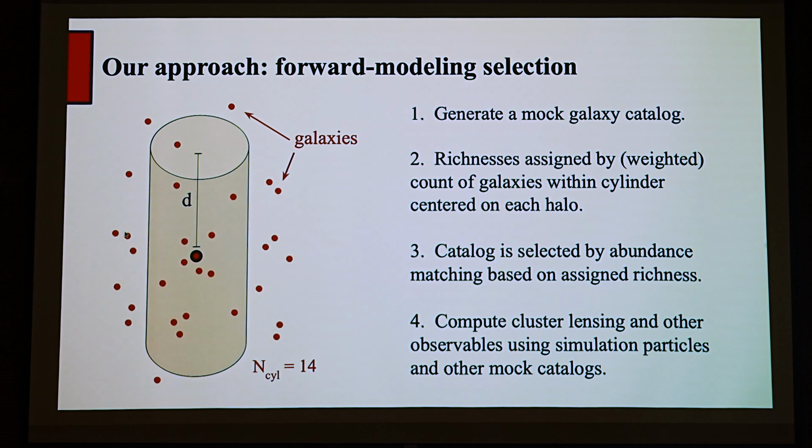So this is motivated by the fact that we know that optical cluster selection is finding overdensities of galaxies with photo-z's, and so you have some redshift kernel and some aperture at the location of each cluster. We then select based on abundance matching, which I will describe further in the next slide. And then at that point, you have a cluster catalog in your mock, so you can compute whatever 2-point function. In this case, we're looking at the lensing and the abundances, so we cross-correlate with simulation particles.